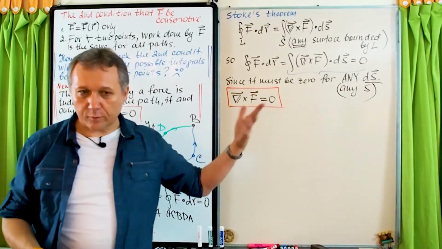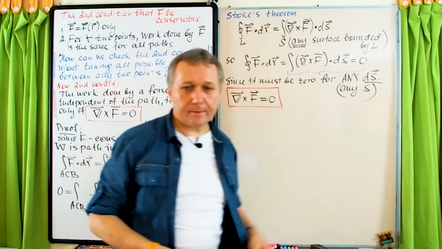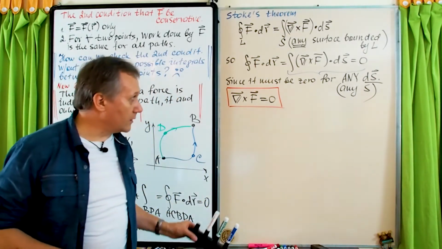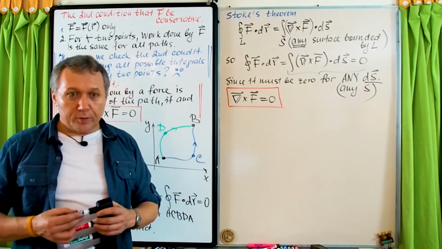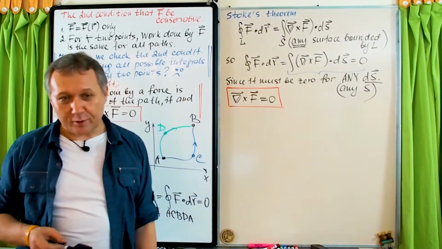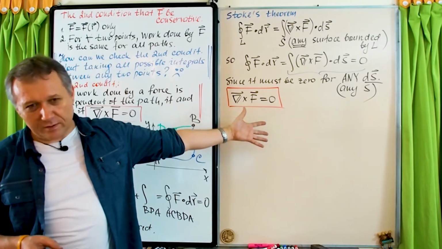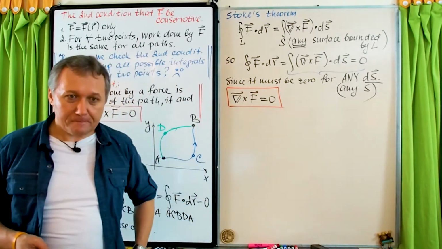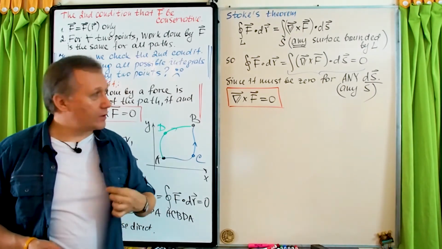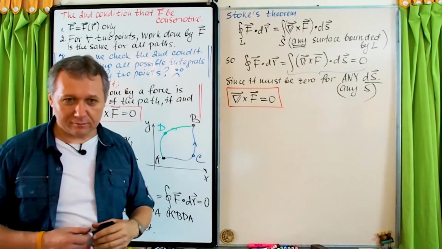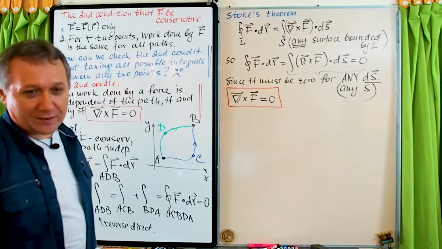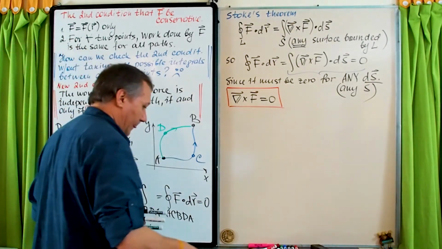Any dS vector, of course dS follows from this, right? Because you can pick any surface bounded by the closed loop. So as a result, curl of F equals 0. And of course now we don't have to consider all possible situations, right? So we passed that. So now we are just analyzing a function. Take a curl, all right?